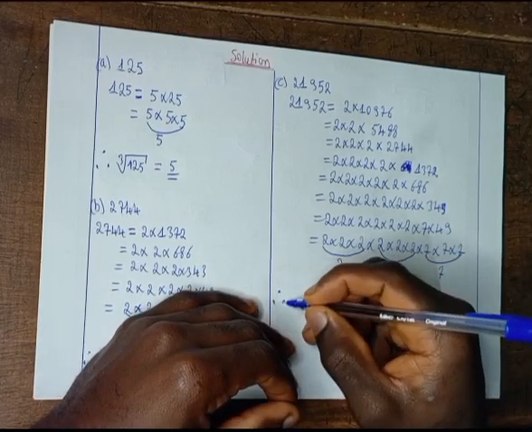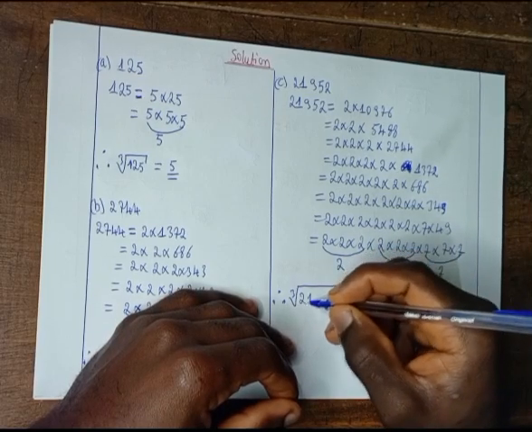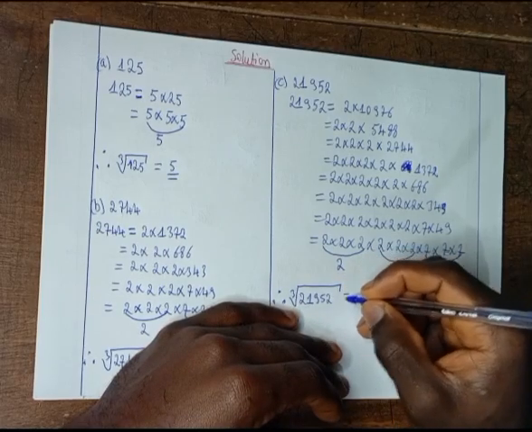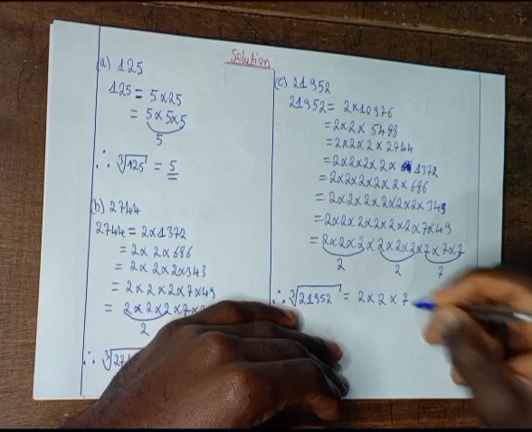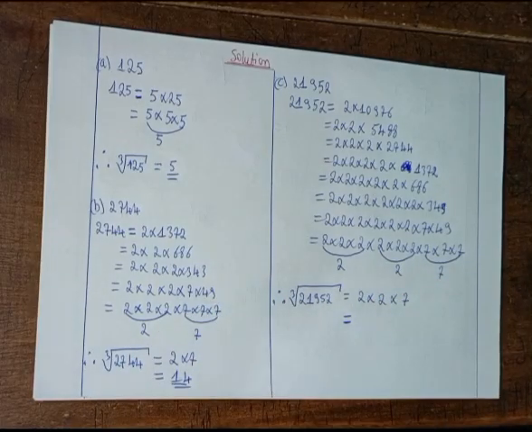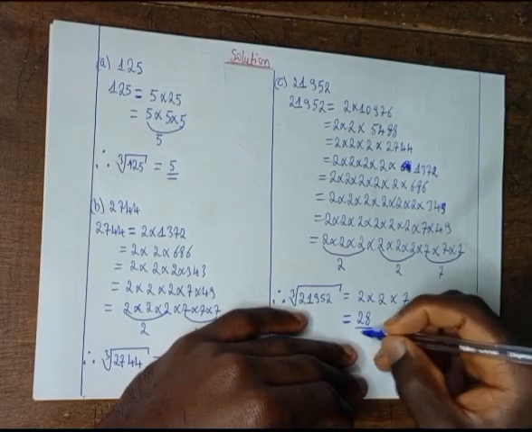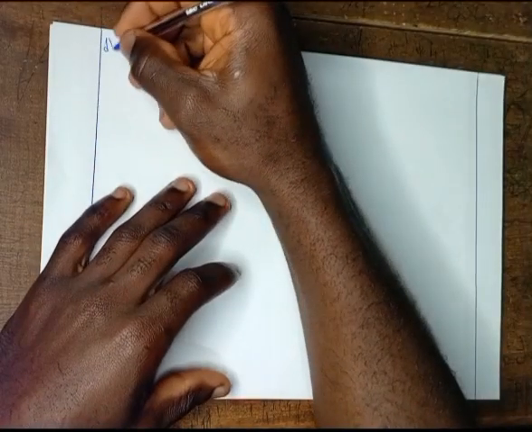Therefore, the cube root of 21,952 is simply equal to 2 times 2 times 7. We know 2 times 2 gives us 4. 4 times 7 is equal to 28. And this is the result.